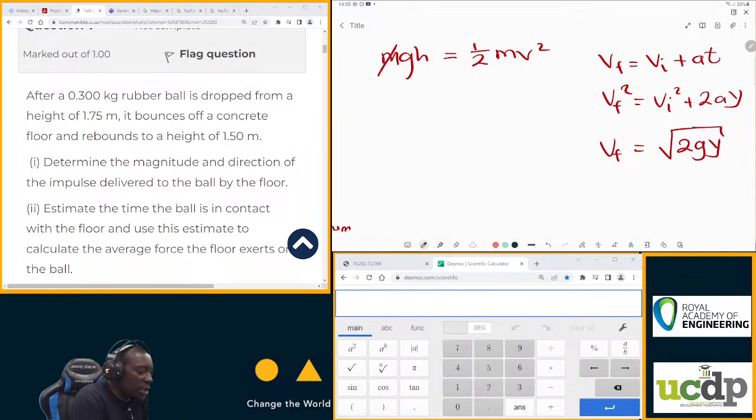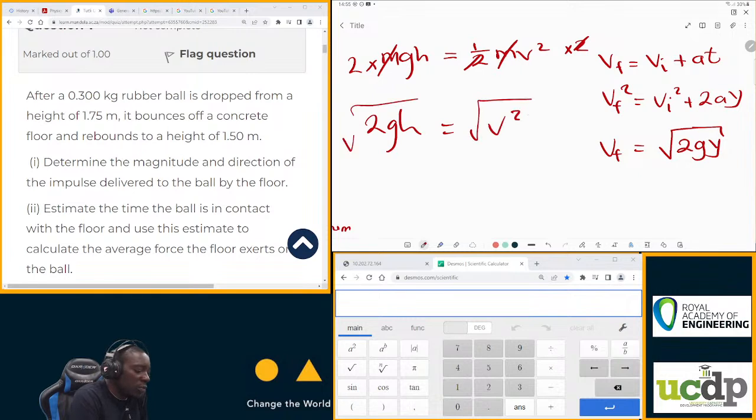The same applies with the energy approach: we cancel m, dividing by m on both sides. We remain with gh, then multiply by 2 on both sides. We have 2gh equals v squared. Taking the square root of both sides, we get v equals the root of 2gh.